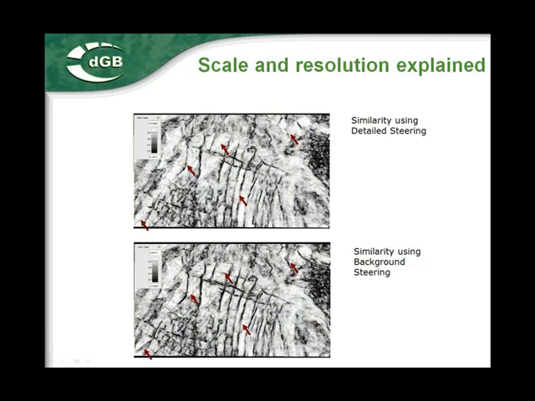We see when we use that, significant differences in attributes created with the detailed steering and the background steering. For example, this is a detailed dip steered similarity. We see that at some points the similarity discontinuities are not registered at all on the detailed dip steered similarity, while they are present on the background dip steered similarity.